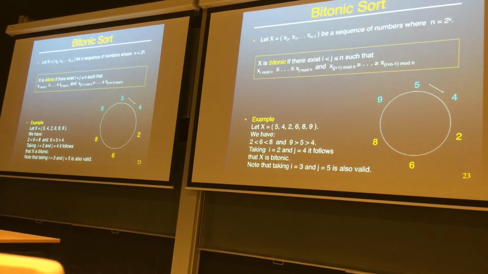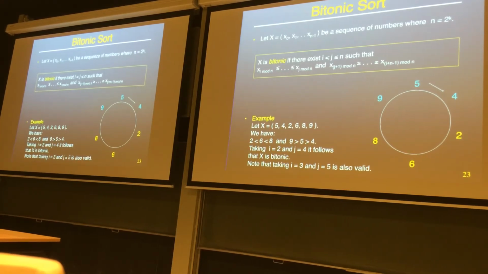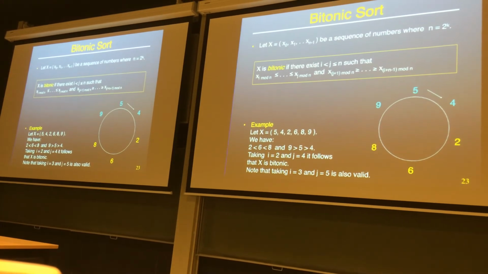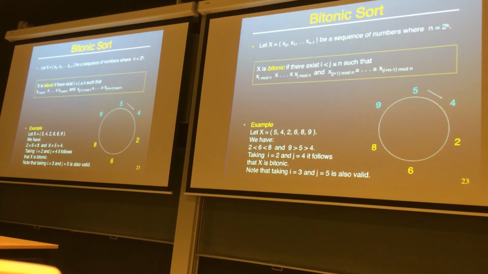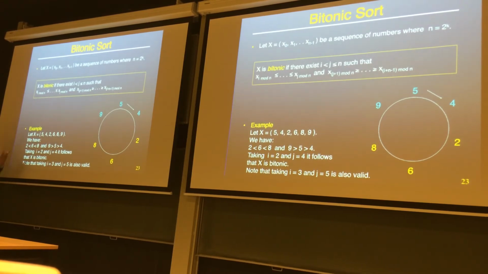Could you just assume that the initial segment of the sequence is increasing and the second segment of the sequence is decreasing? And yes, of course, that's quite easy, because by just applying a shift operator to such a sequence, I can always assure that a bitonic sequence starts with an increasing part and then goes over to a decreasing part.